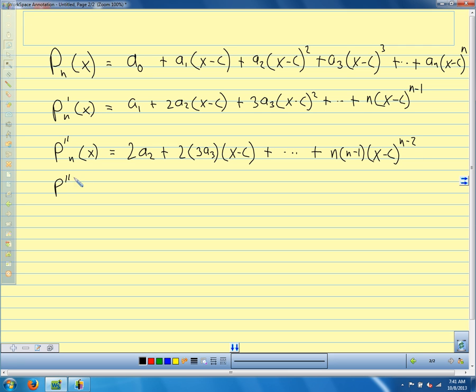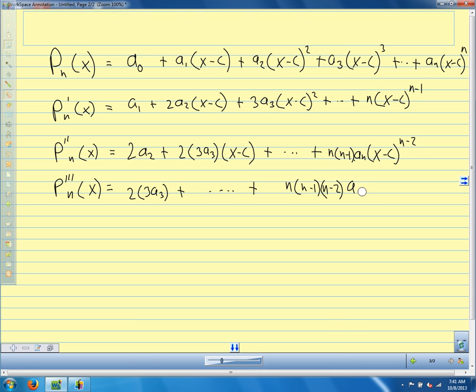And let's write out one more. Oops, sorry, this should be, there we go, plus, and then down here we have n times n minus 1 times n minus 2, oh, and I forgot my a sub n here. n minus 2, a sub n, x minus c, n minus 3.